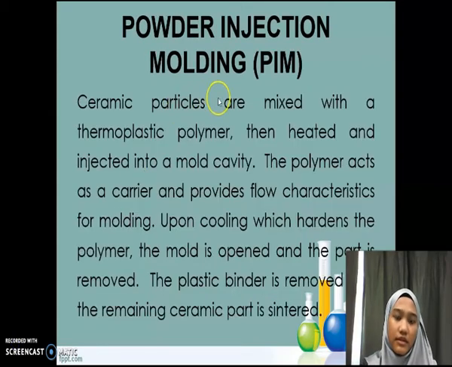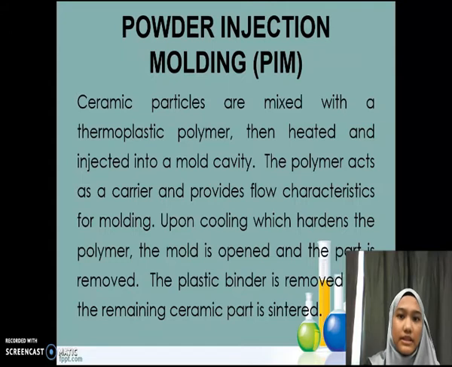The other example for shaping ceramic is powder injection molding. The ceramic particles are mixed with a thermoplastic polymer and then heated and injected into a mold cavity.